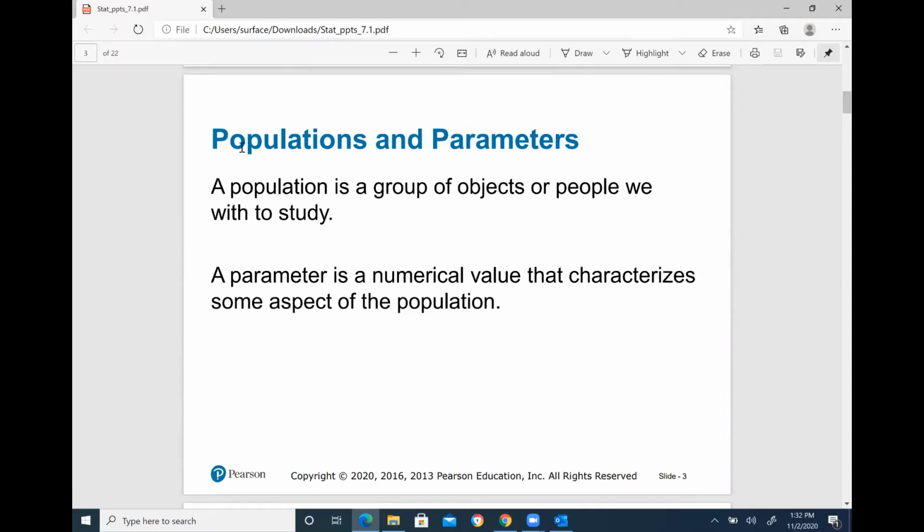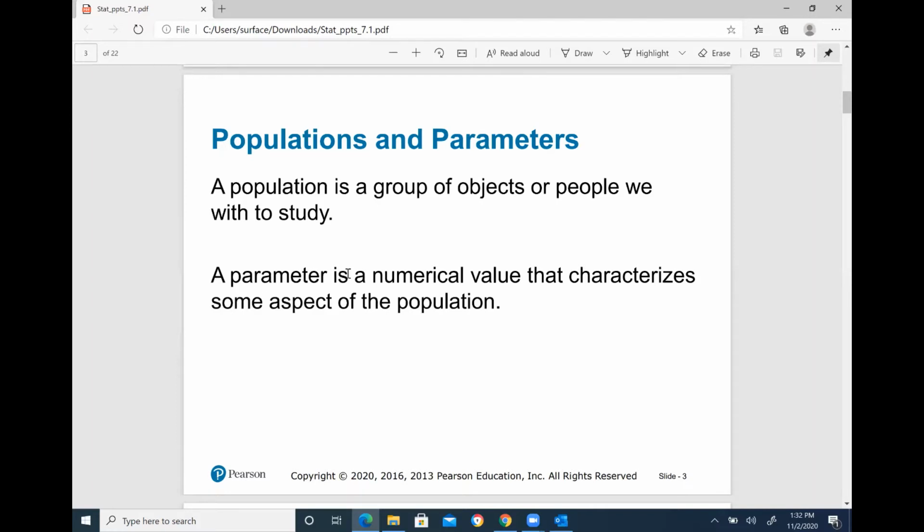The definition for population in chapter 1 is a group of objects or things or people to study, a very huge group that you want to research and investigate to figure out the question that you have about that group.